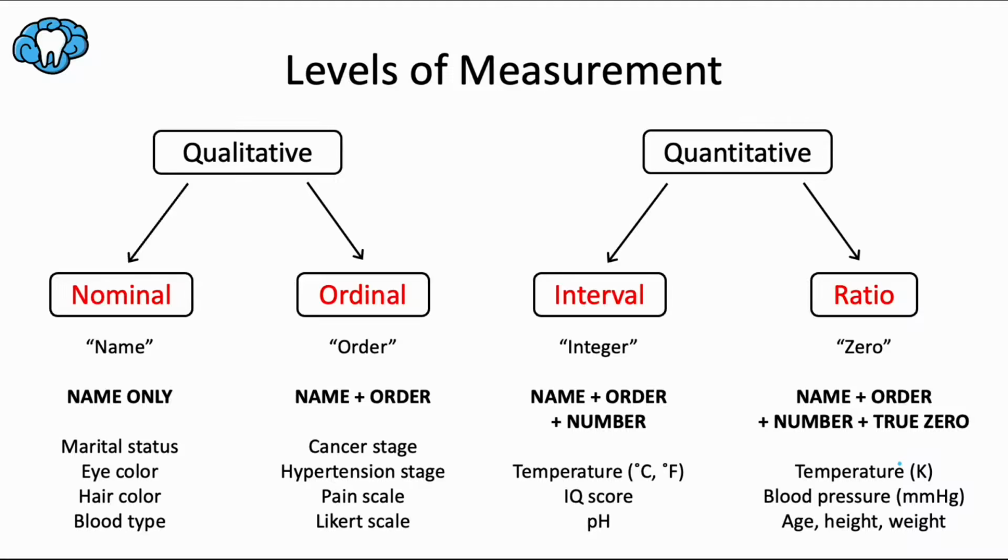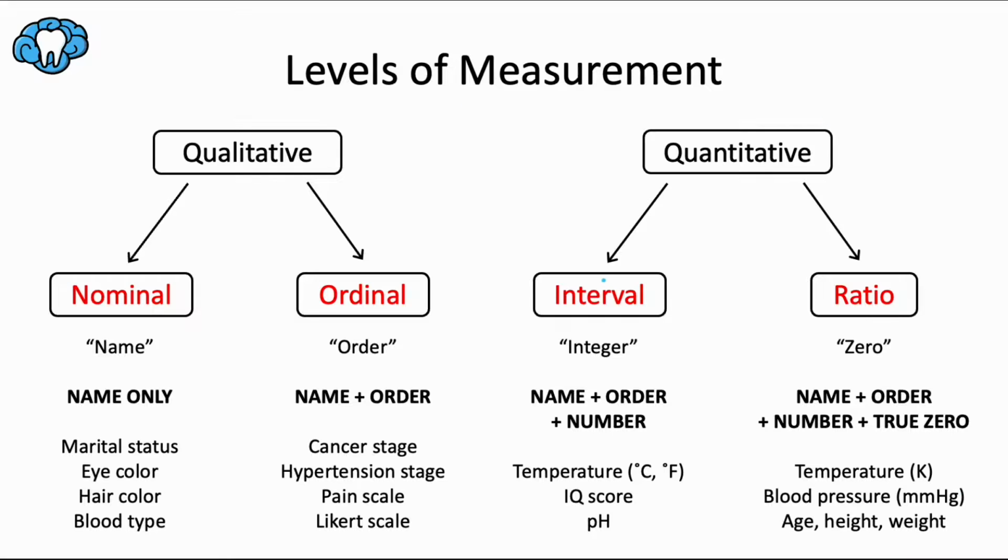Other examples of ratio variables include blood pressure in millimeters of mercury, age, height, weight, enzyme activity, dose amount, reaction rate, flow rate, concentration, pulse. There's a ton of possibilities. And for all of those I just listed, you cannot measure below 0. You can't be younger than 0 years old. You can't be shorter than 0 inches tall, or less than 0 pounds, or have a blood pressure less than 0 millimeters of mercury. It's just not possible.